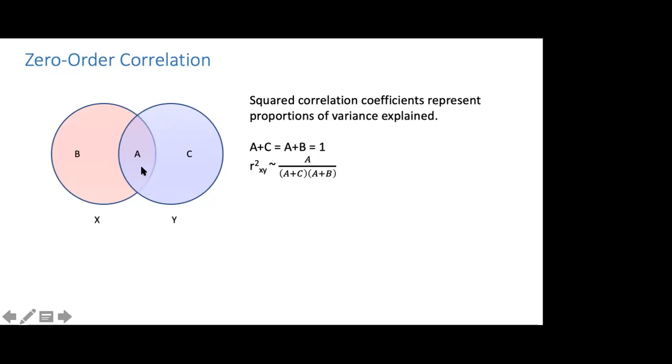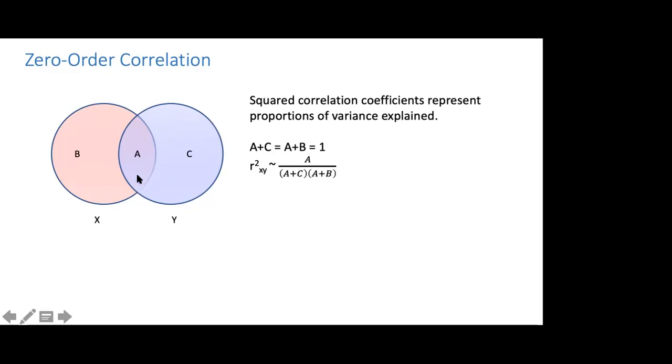What is basically the portion of A for A and B, and the portion of A for A and C. And then the idea is that this area here is 1.